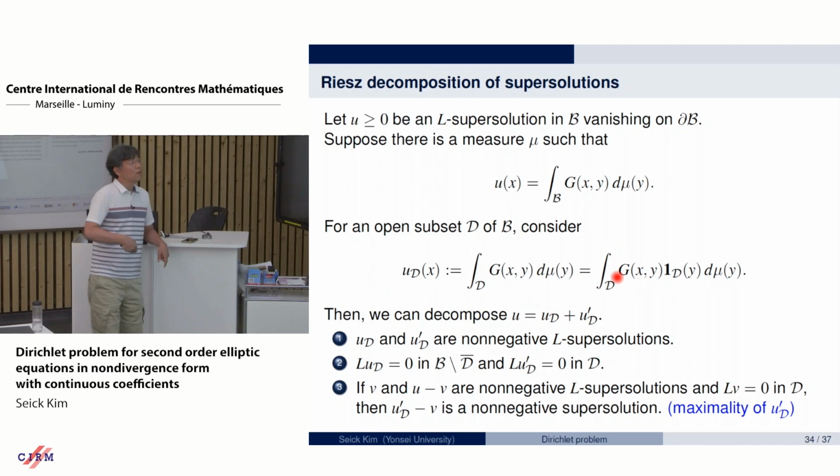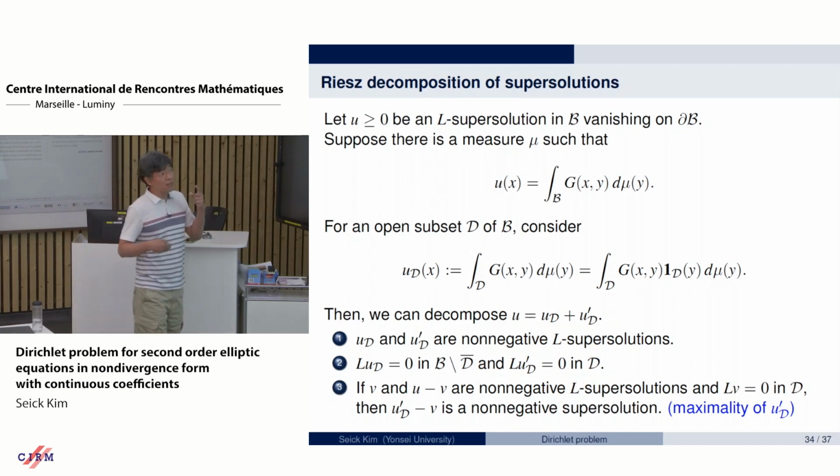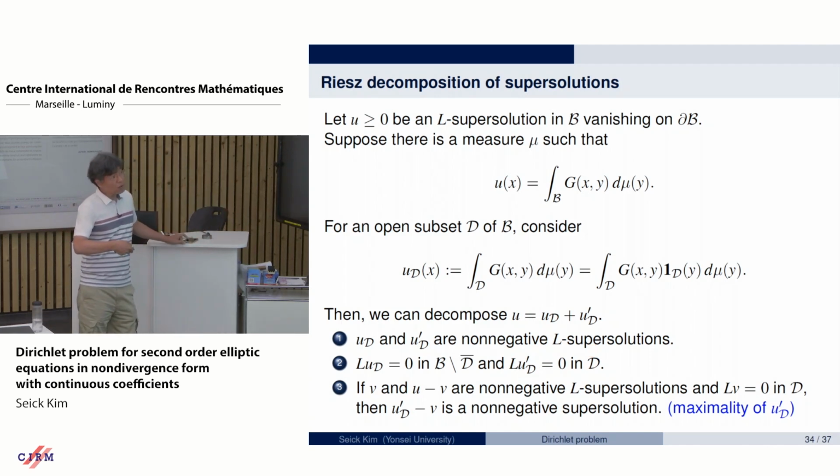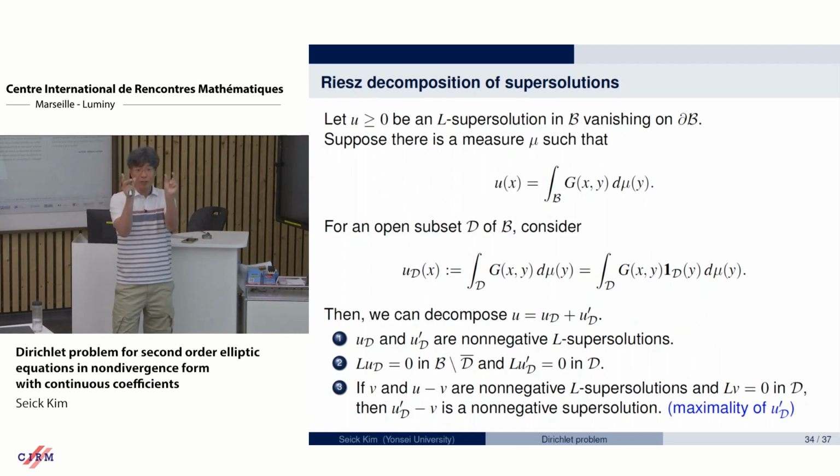So what happens? They are both non-negative supersolutions. If you are away from this set D, it becomes a solution, because it's supported there. You're cutting at the level of D. And the rest, U minus U_D, satisfies the equation inside of D. There is a certain sense of maximality because you are using this characteristic function to cut into a sum of two functions, supported there and there.